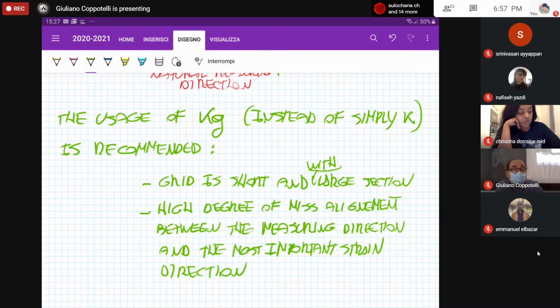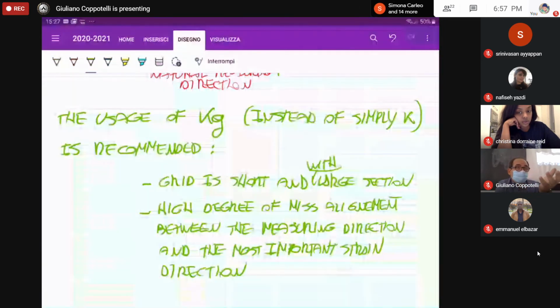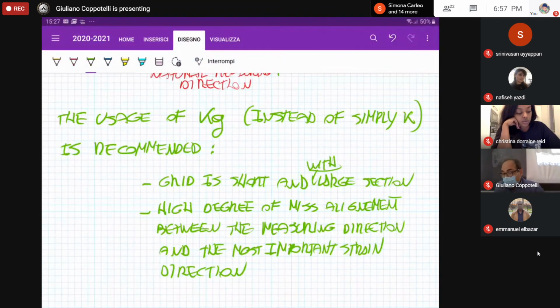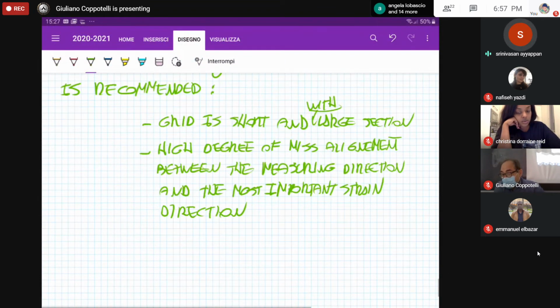Thus, when you have a strain gauge setup composed of a grid that is short and with large section, so the transverse part of the cable is important, and when the natural measuring direction of the strain gauge is highly misaligned with respect to the actual major strain direction.